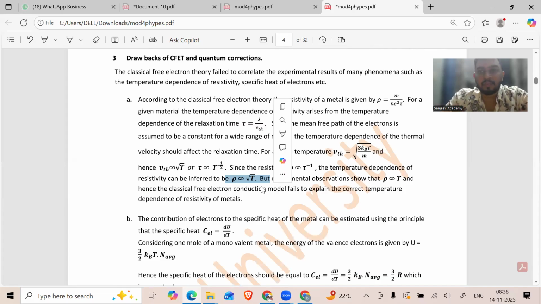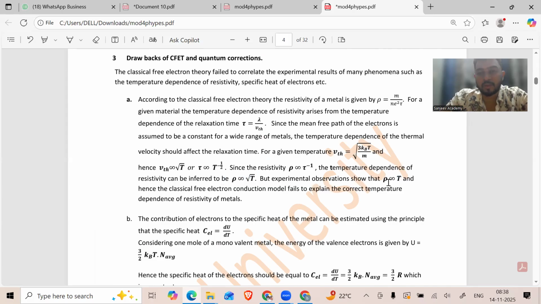It's like V proportional to I, everyone knows, right? Suppose I say V is proportional to root I, is it correct? No. Similarly here, rho is proportional to root T, but actually it is rho proportional to T.